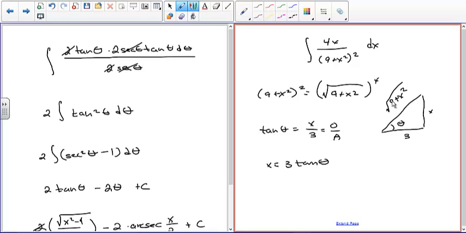You kind of think trig substitution would be some obscure method that only solves a limited number of problems, but it's amazing how many problems you end up solving using trig substitution.